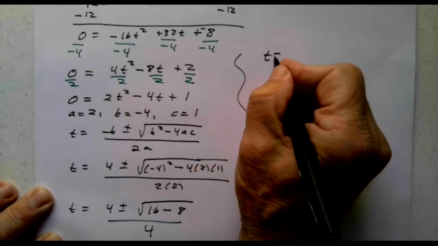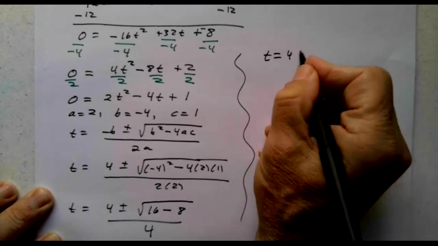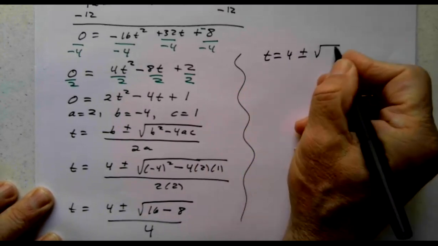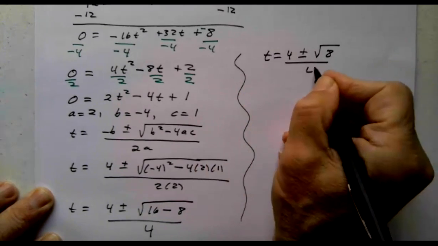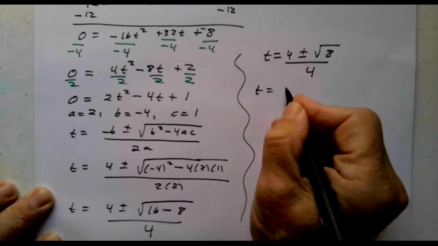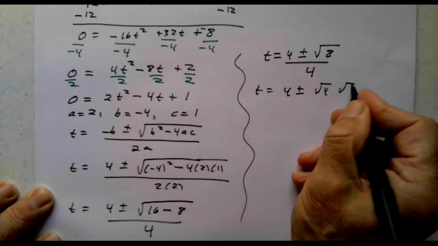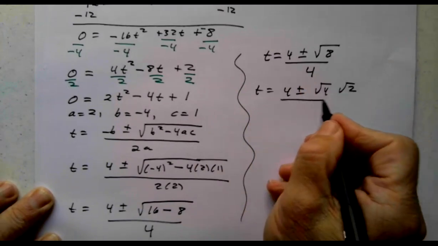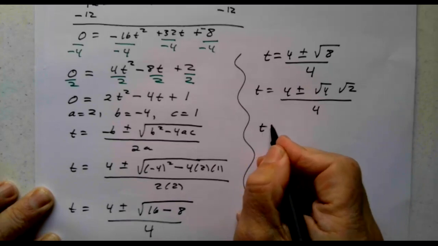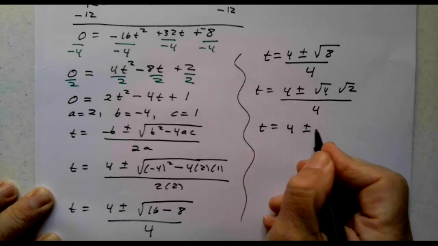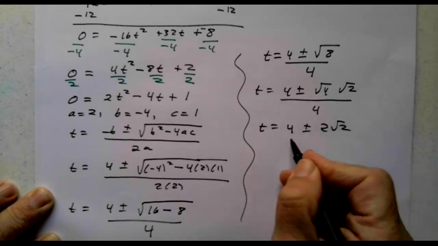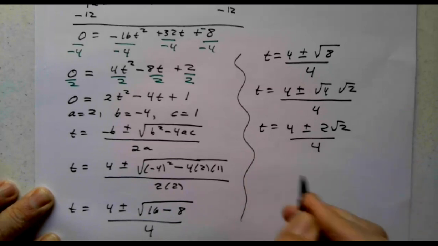So we get t equals 4 plus or minus the square root of 8 over 4. 8 is 4 times 2, so that's root 4 times root 2, which is root 8, over 4. So t is 4 plus or minus 2 root 2 over 4.